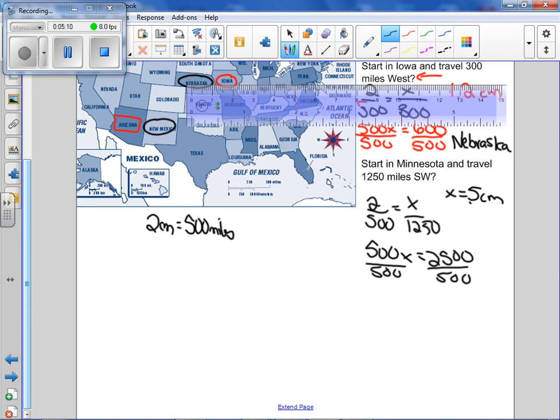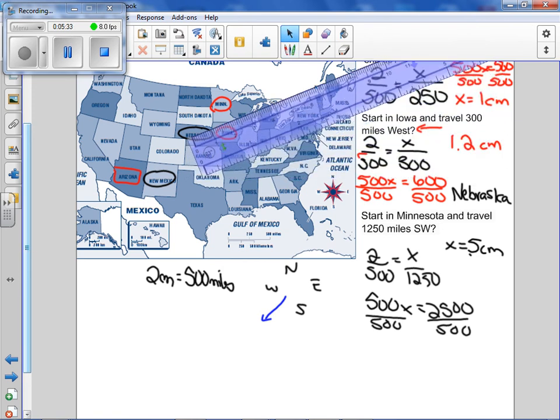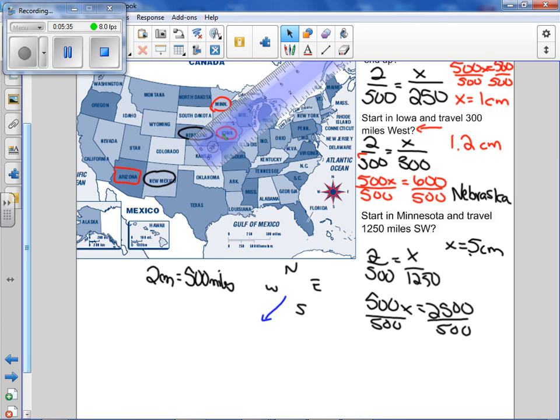We're traveling southwest, so if it's never eat shredded wheat, southwest is halfway in between them. So I'm going to be going on a diagonal like that, starting in Minnesota. So Minnesota is right here. I'm now going to try to turn my ruler so that I'm at an angle of roughly southwest.